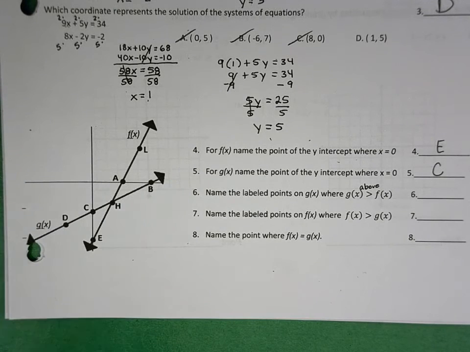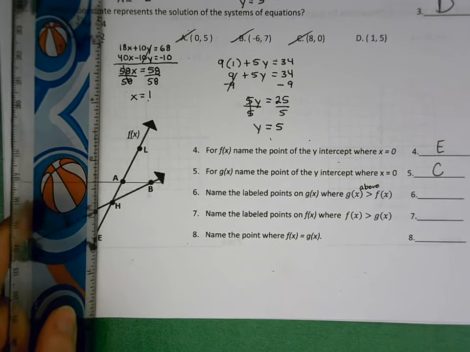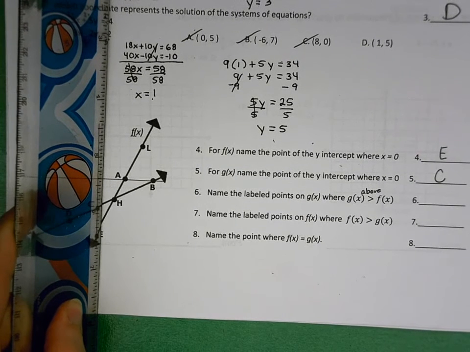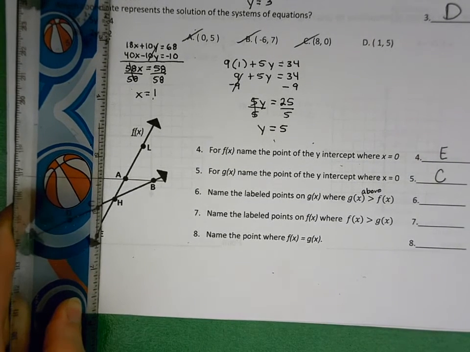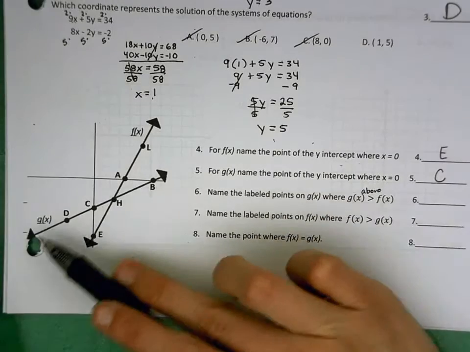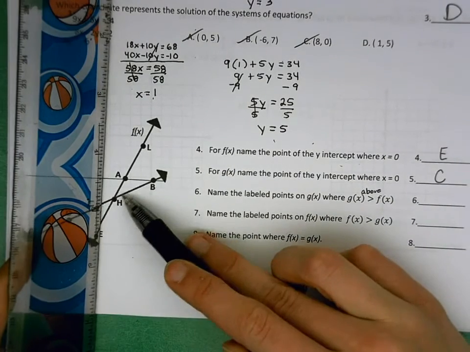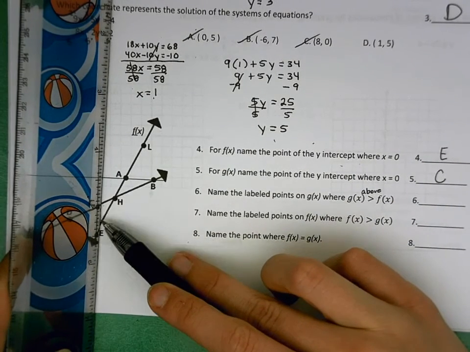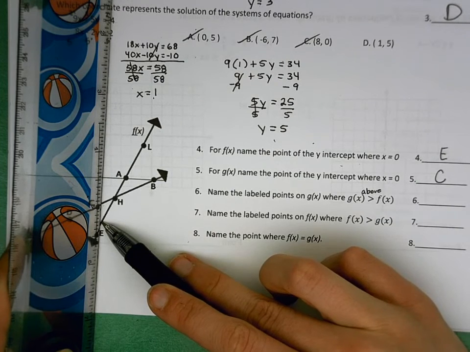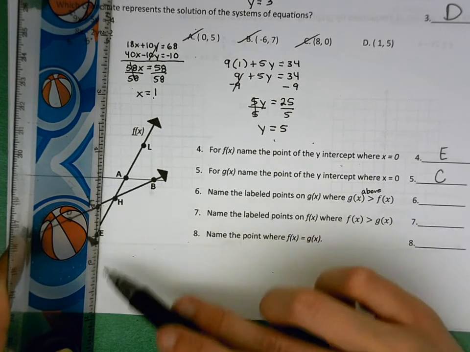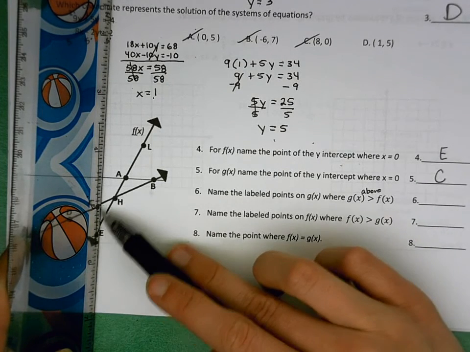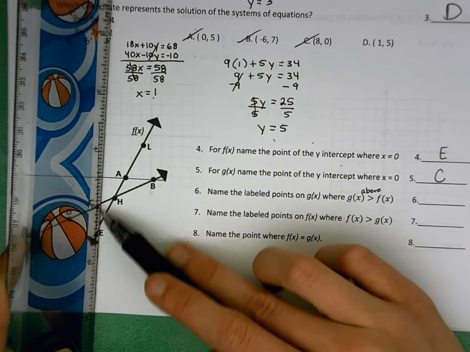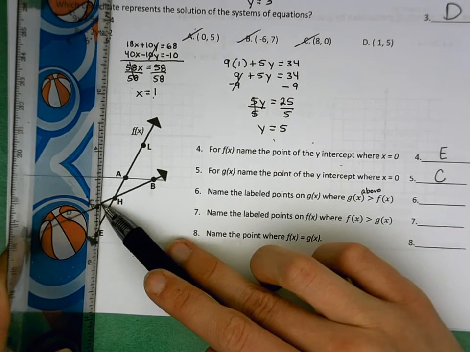If I put a line at some point on here, for example, here, I notice that at this location, this piece of my g of x line is above my f of x. And so on this side of my intersection point, on these 2 parts of g of x and f of x, g of x is above f of x.